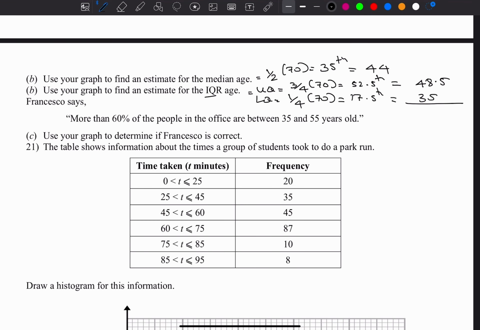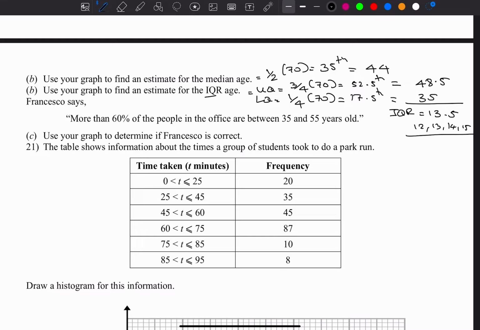Then what do we do? Interquartile range is upper quartile take away lower quartile. If you subtract it, I'm getting 13.5. You're okay to get anything between, let's say, 12, 13, 14, 15. Anything within that range, even the 0.5s, are okay.